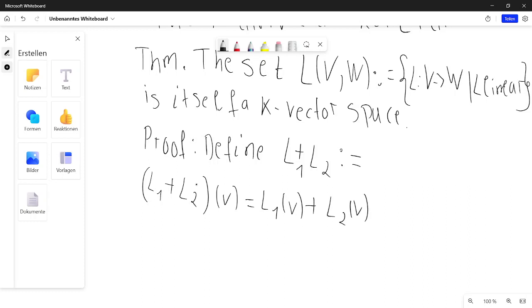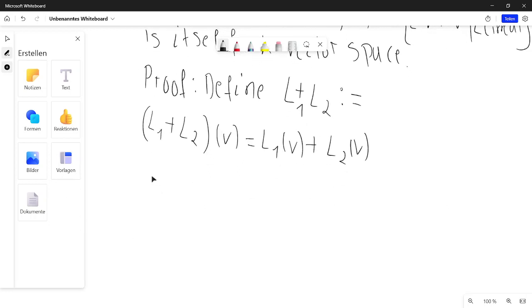Right. Okay. And well, you can probably guess how you define that thing. And this is this map, because we have to define it like a map, right?